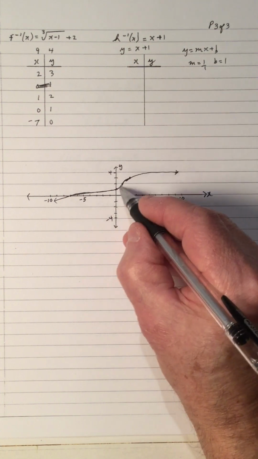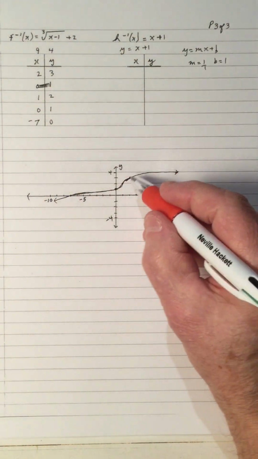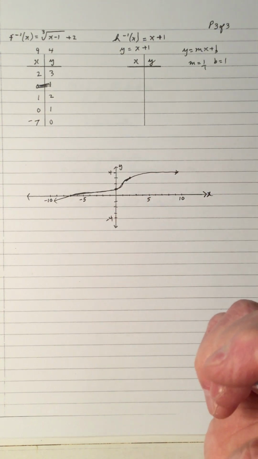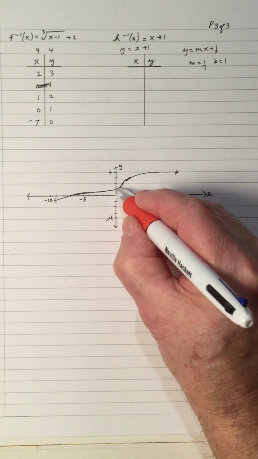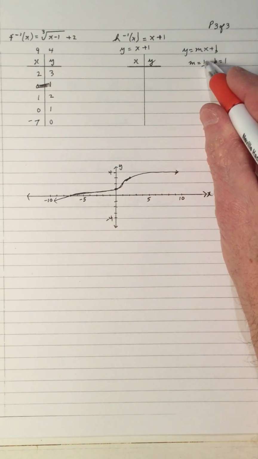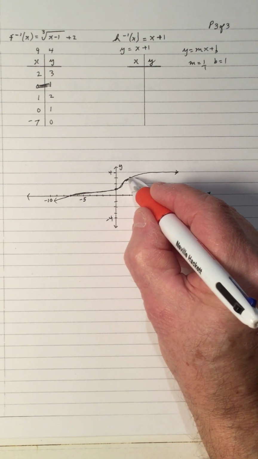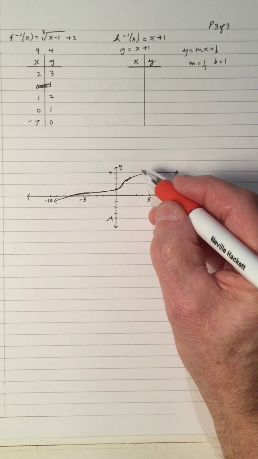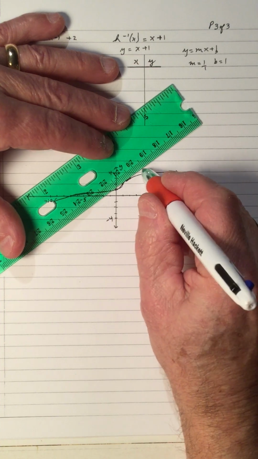I'll do it in green so it won't be confused with an inverse. The y-intercept is 1, and the slope is up 1, right 1, up 1, right 1. So it's going through the 3 points.